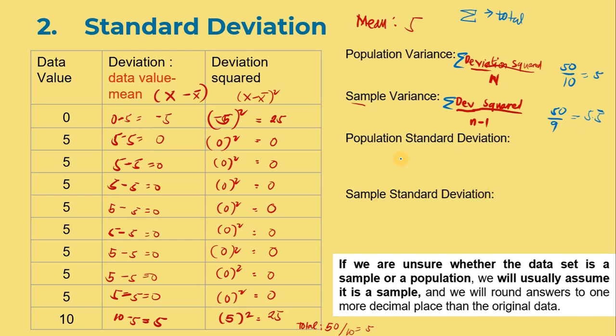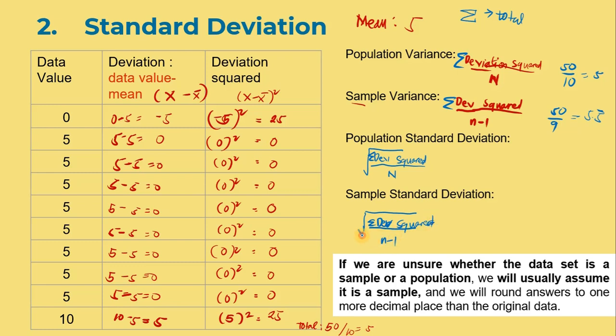So the population standard deviation formula is the square root of the sum of your deviation squared over n, and your sample standard deviation would be the sum of the deviation squared again divided by n minus 1.